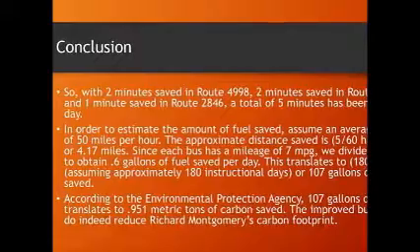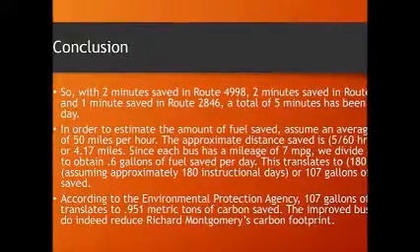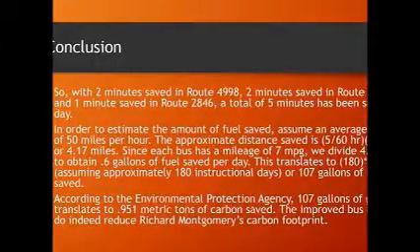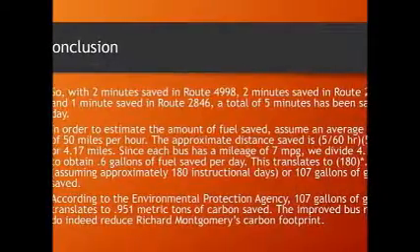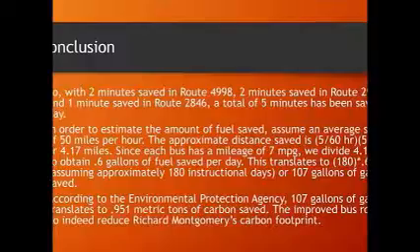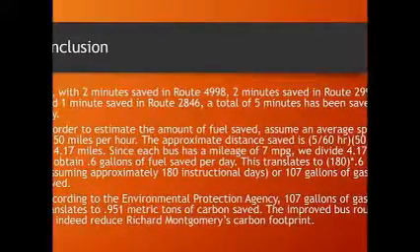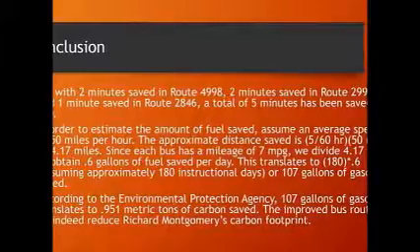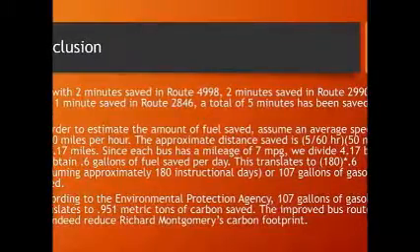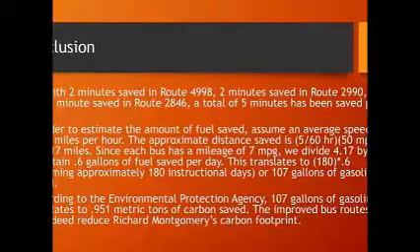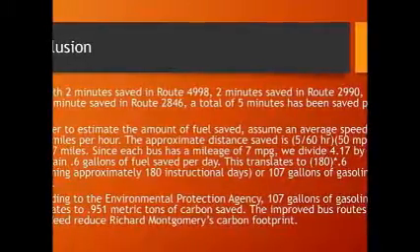In order to estimate the amount of fuel saved, assume an average speed of 50 miles per hour. The approximate distance saved is 5/60th of an hour times 50 miles per hour, or 4.17 miles. Since each bus has a mileage of 7 miles per gallon, we divide 4.17 by 7 to obtain 0.6 gallons of fuel saved per day.